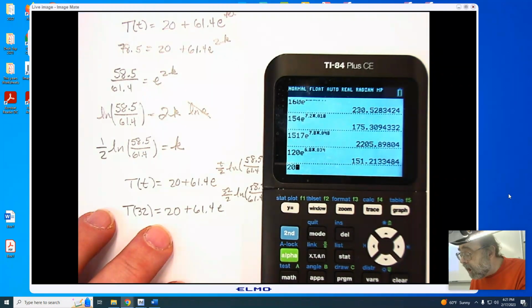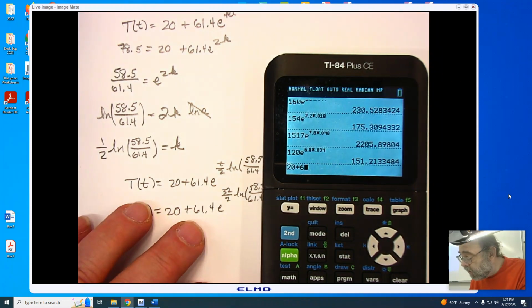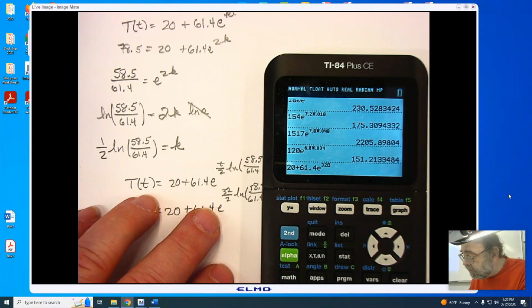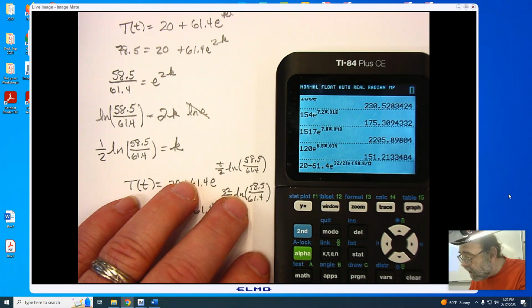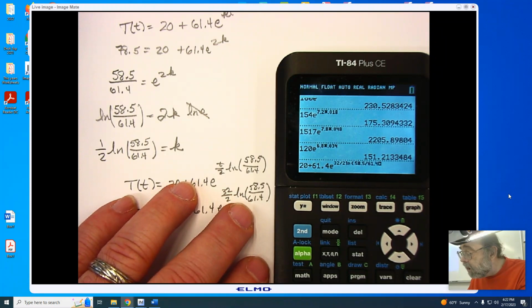So I have 20 plus 61.4 times e to the power of 32 divided by 2 natural log 58.5 divided by 61.4, close parenthesis, enter.